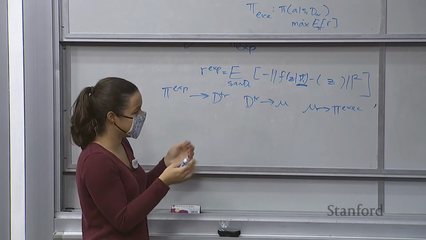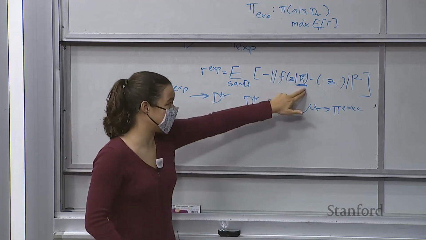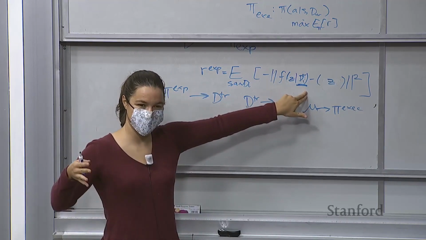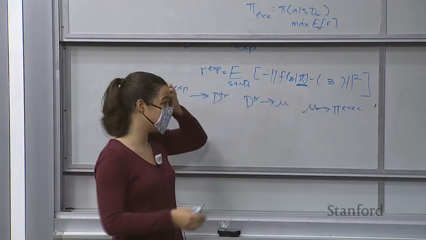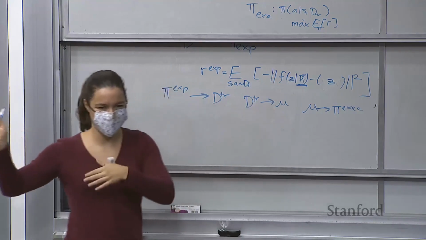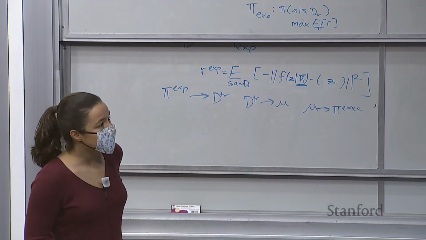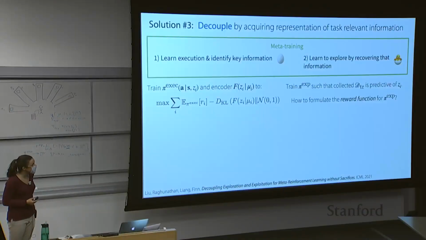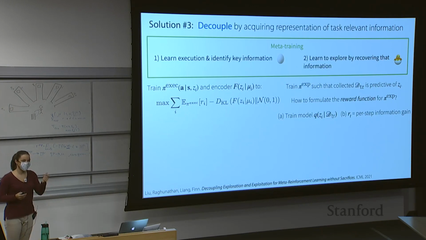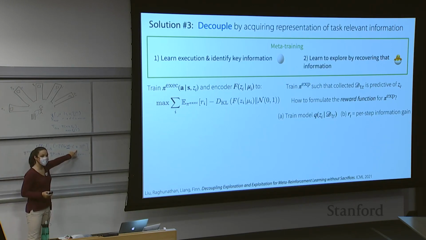The downside is that if you do this for the data collected so far, you're going to start double counting, because if it explored well at time step 1, but then did random stuff after that, you're still going to be giving it positive reward for that. So in practice, we're going to measure this per step information gain about z.